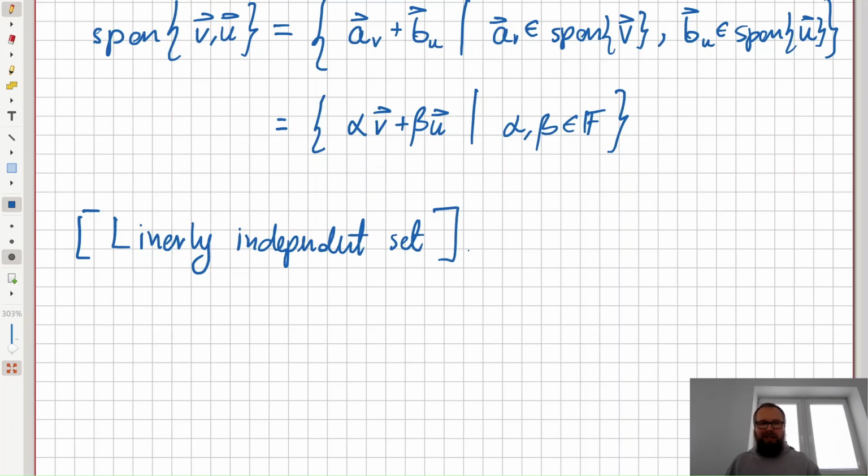So that would be a set of vectors, say, V1 up to some Vd, such that when I write down the equation alpha 1 V1 plus and so on up to alpha d Vd equals 0, there is only one solution, and the solution is that all the coefficients are 0.